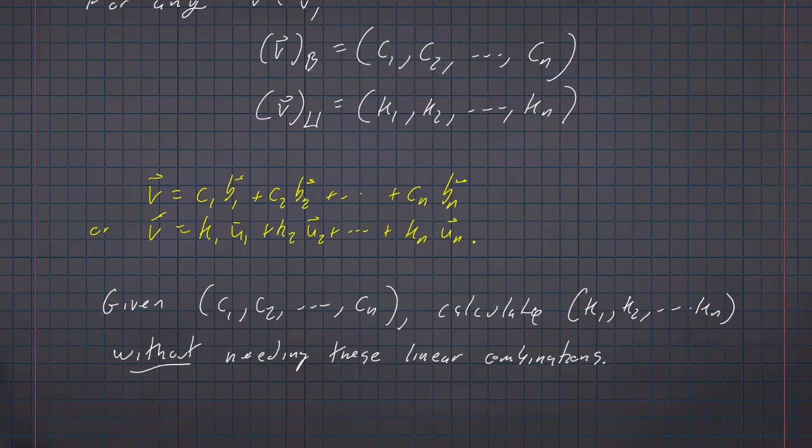We can calculate that linear combination and get a direct representation of vector V. And then given the direct representation of vector V, we can set it equal to the linear combination involving the u's. And generally speaking, we will find a way to set that up as a system of equations and solve the system of equations, and that will give us the representation.